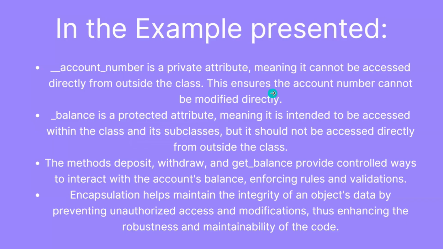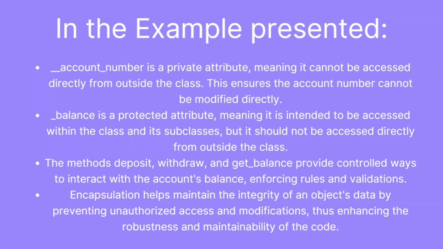In the example I just presented, the double underscore account single underscore number is a private attribute, meaning it cannot be accessed directly from outside the class. This ensures the account number cannot be modified directly.